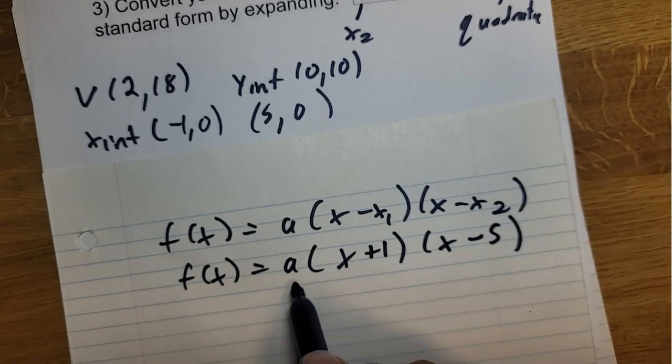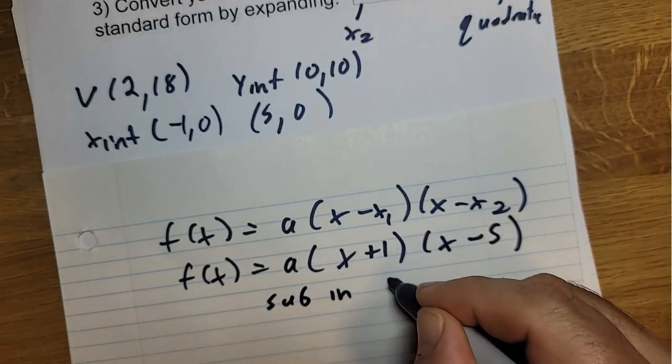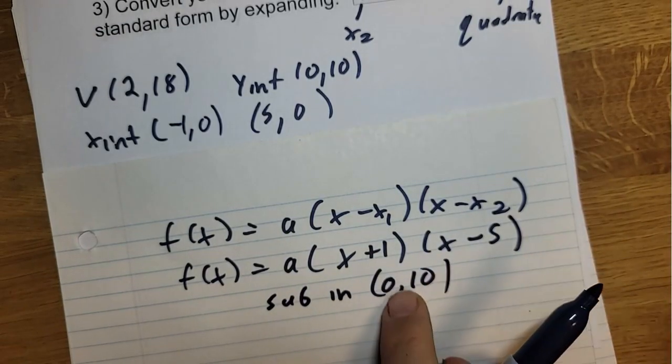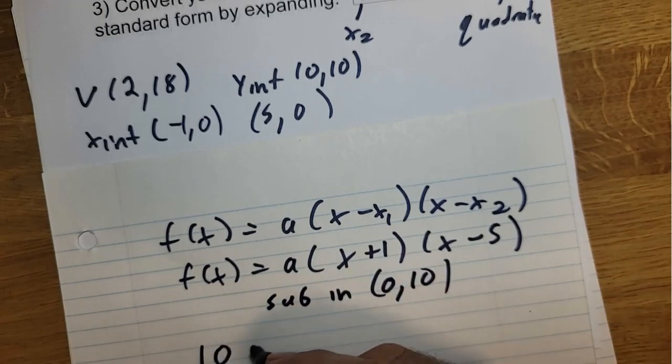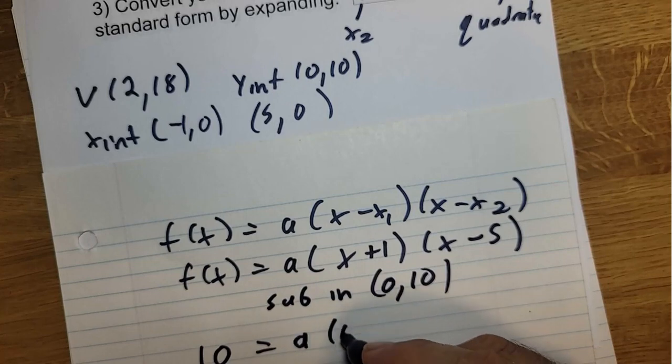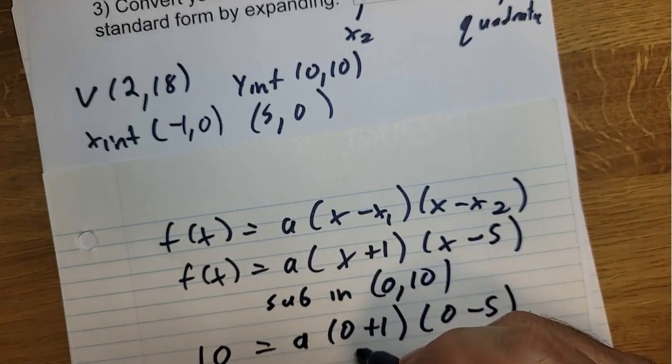At this point, we've got to figure out what a is. So let's sub in the y-intercept again. We'll sub in (0, 10). Wherever we see an x, we put a 0. Wherever we see y, put a 10. So 10 equals a times (0 plus 1), and then here, (0 minus 5). Put the zeros in.